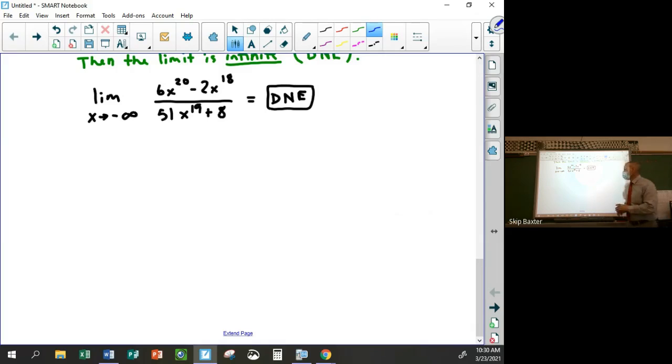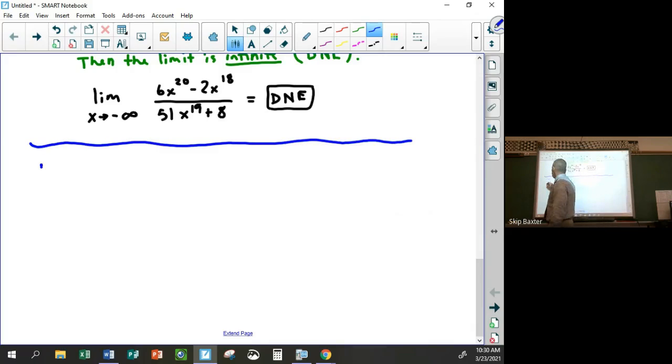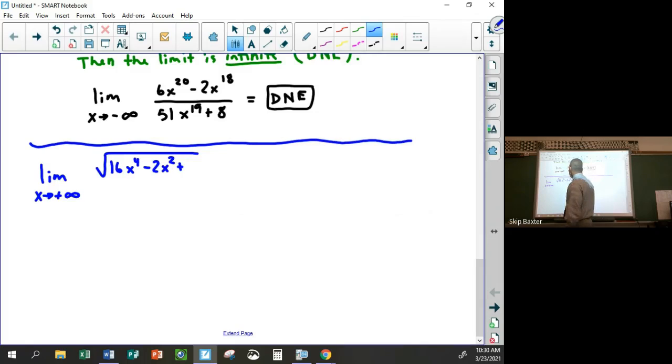Like for example, suppose we had something like the limit as x goes to positive infinity of the square root of 16x to the fourth minus 2x squared plus 6 divided by 5x squared plus 1.